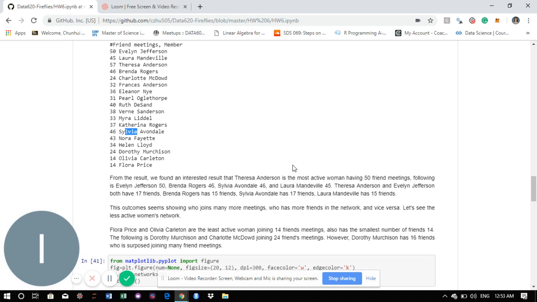From these two results, we observed the number of friends the women are connected to and how many meetings they are joining. Then we come up with some interesting results. We see Evelyn Jefferson, Brenda Rogers, Sylvia, Theresa, all these highly active women have many friends. But another one is very interesting: Dorothy Murchison.